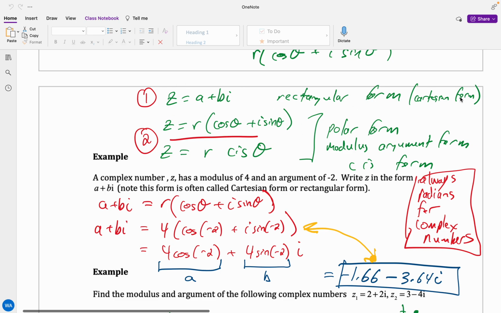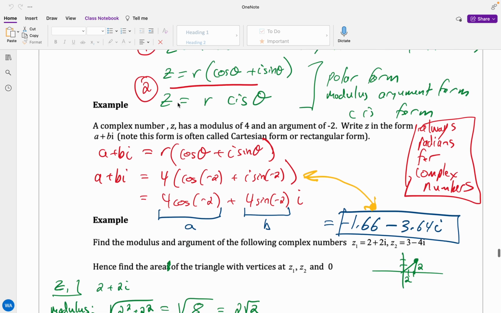You have the rectangular Cartesian form, which is a plus bi. You have the polar form, which is usually written in two ways: the modulus times cosine of whatever the angle is plus i sine of whatever the angle is, or shortened to r, then cis, and the angle is only written once. So these two are polar form, and this one is rectangular form.